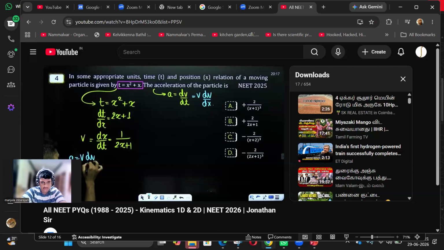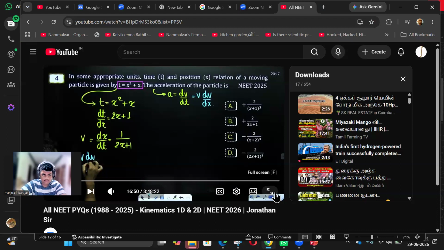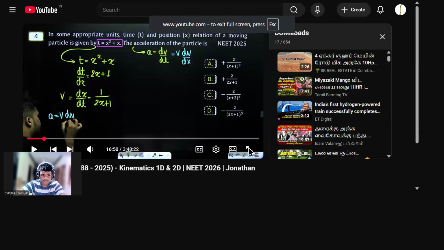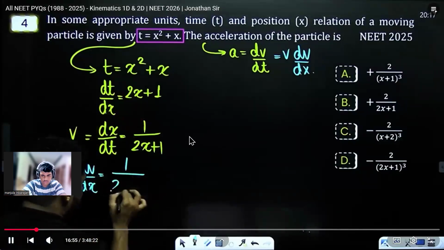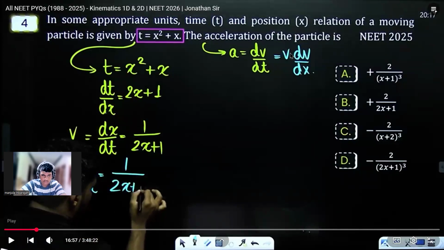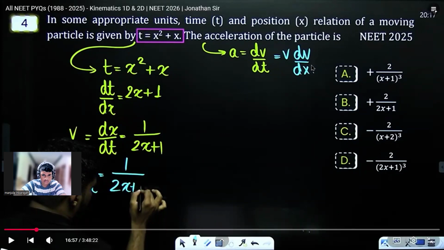Are you understanding this or not? The value of 1 divided by 2x plus 1.